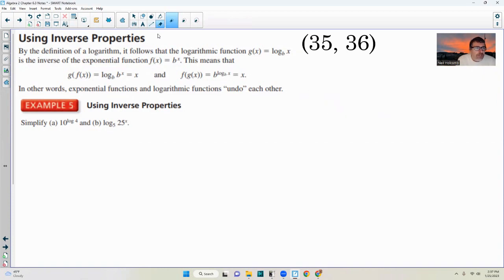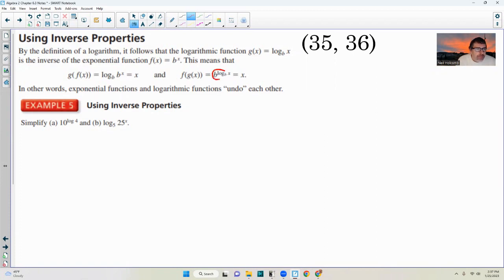If you take the log of something and then you take it to that exponent, you get back to where you started. So g composed onto f of x, or g of f of x, equals the log base b of b to the x, and that equals x. And f of g of x is equal to b, the base b, to the power of the log base b of x, and that equals x.